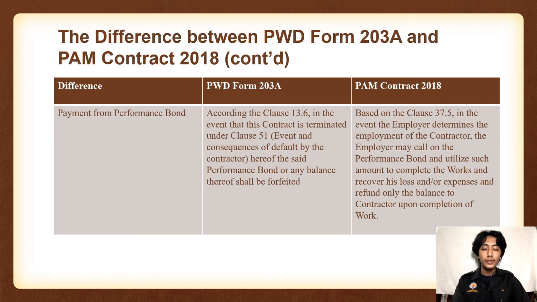For PAM Contract 2018, based on clause 37.5, in the event the employer determines the employment of the contractor, the employer may call on the performance bond and utilize such amount to complete the works and recover his loss and or expenses, and refund only the balance to the contractor upon completion of work.